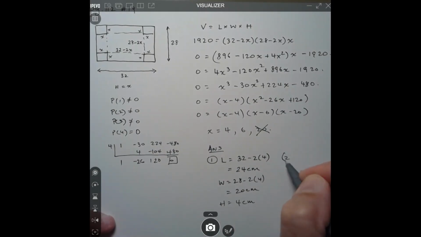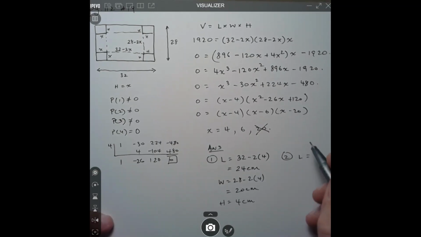But it looks like we also have option 2. So length is equal to 32 minus 2 times 6. 32 minus 12 is 20. Very interesting. They happen to be the same. Let's see what happens now.